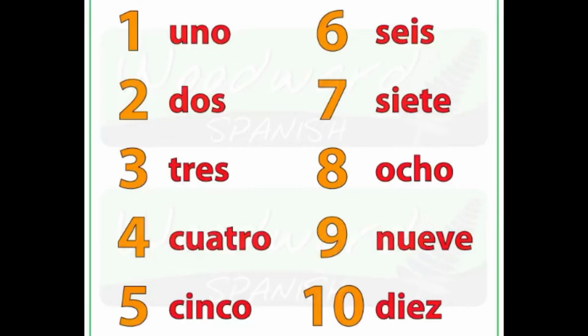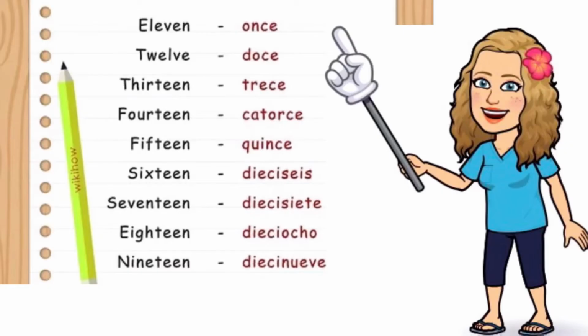Now let's review the numbers you'll need to know in order to talk about the date. 1, 2, 3, 4, 5, 6, 7, 8, 9, 10. The numbers 11 through 19 are 11, 12, 13, 14, 15, 16, 17, 18, 19.